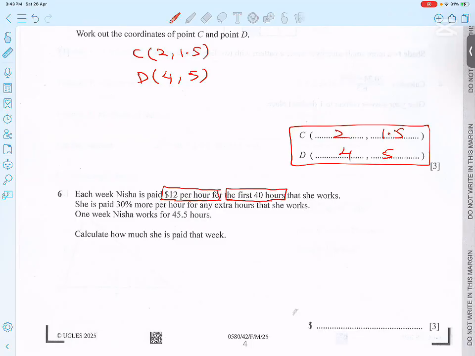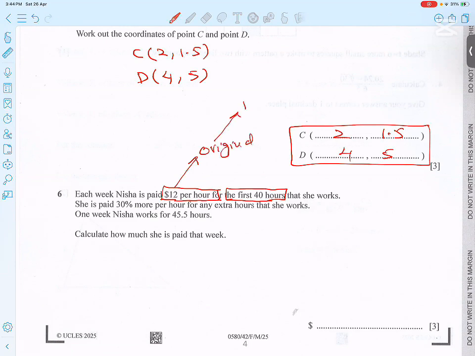She is paid 30% more per hour for any extra hour that she works. It means normally she gets $12 per hour, but now she will get 30% more. Now 1 week Nisha works for 45.5 hours. How much will she be paid? So students, best technique: I will take this $12 as the original.